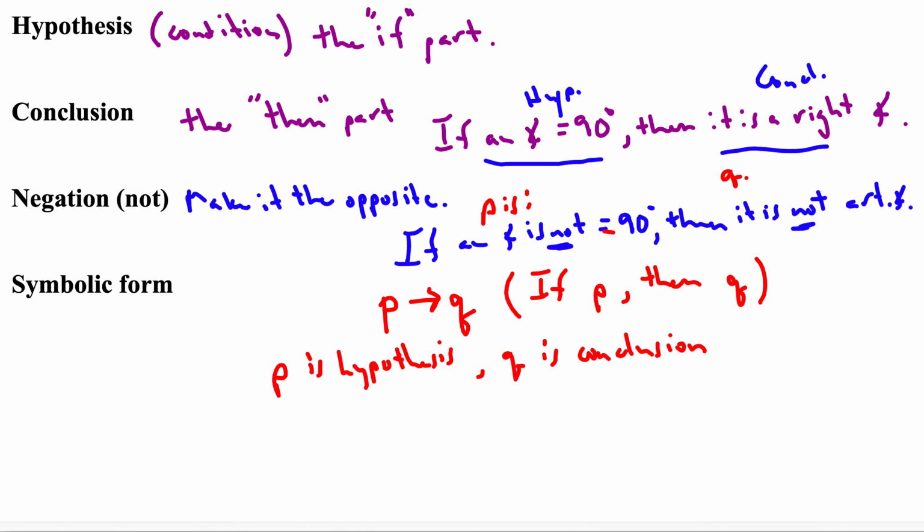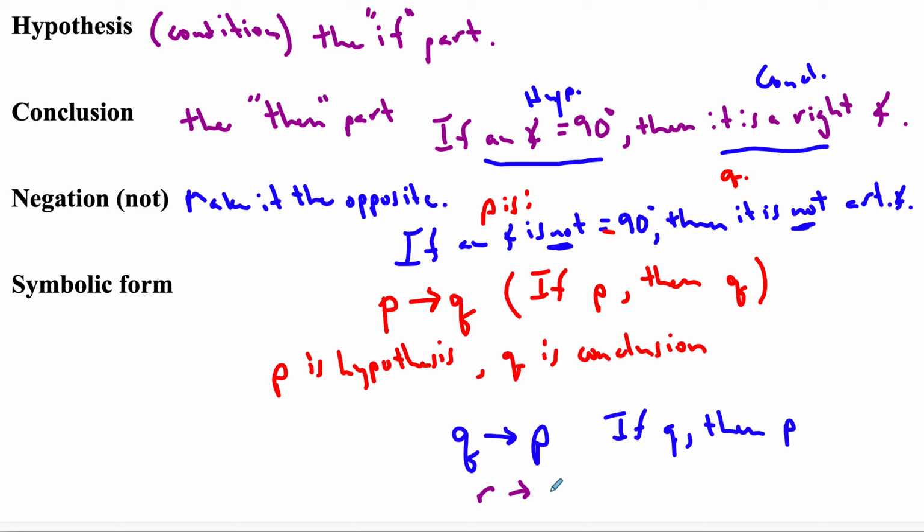It is possible that you could have a statement that says Q implies P. This means if Q, then P. It's just a shorthand way of writing it, and the letters don't make a whole lot of difference.